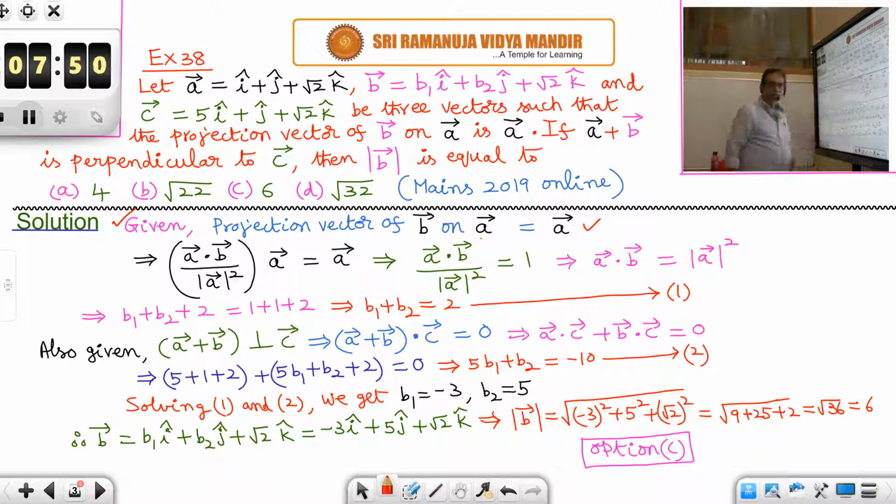But what is the formula for projection vector of b bar on a bar? Their dot product a bar dot b bar by mod a bar whole square, whole into a bar. Okay, so that is what I have written. A bar dot b bar by mod a bar whole square, that is a scalar, multiplied by a bar.